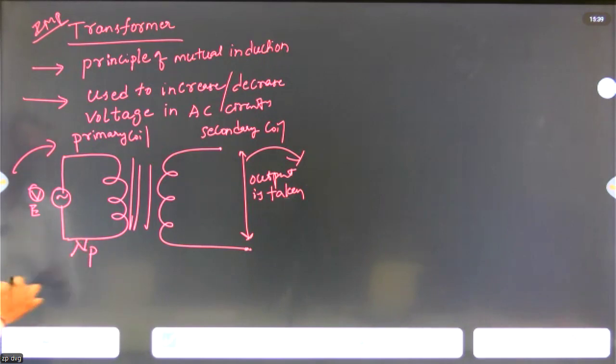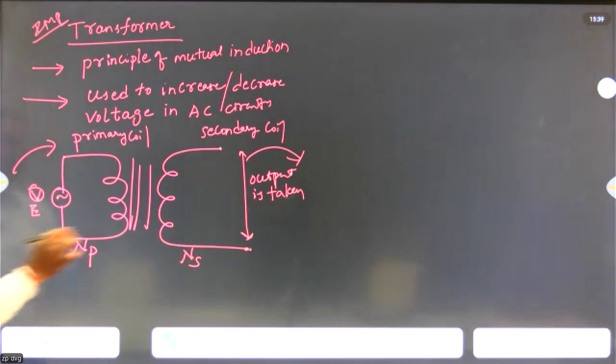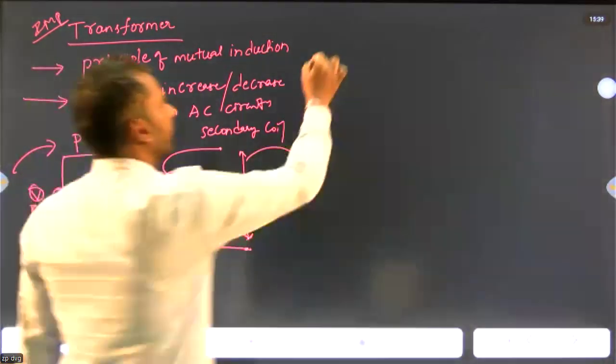Let NP and NS be the number of turns in primary and secondary. Now what is NP?